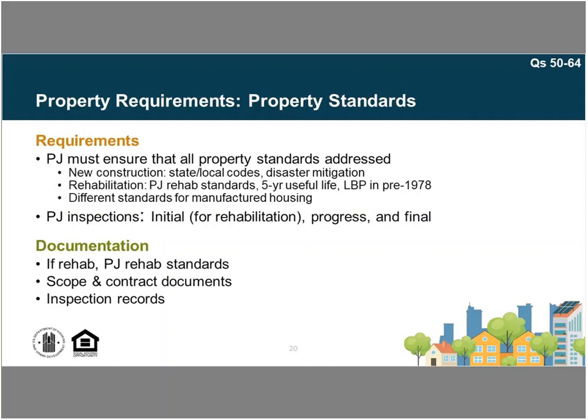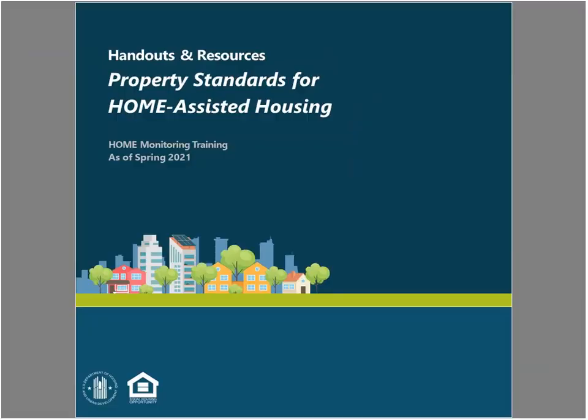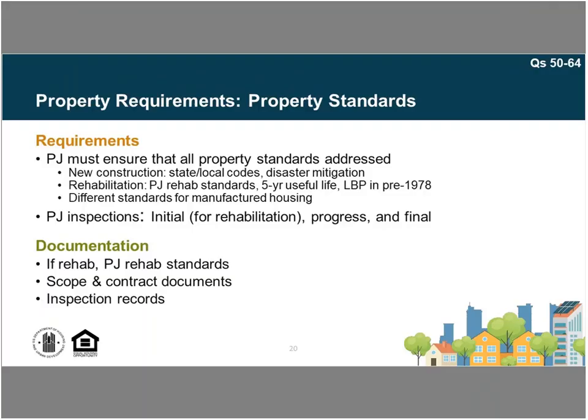If you go to the tab over two from the slide link or tab that you have now, you'll see this particular exhibit, the Property Standards for HOME Assisted Housing, which is a generic overview of the property standards requirements in 92.251. What will apply to you, you can also download from the website where you signed up for this session.